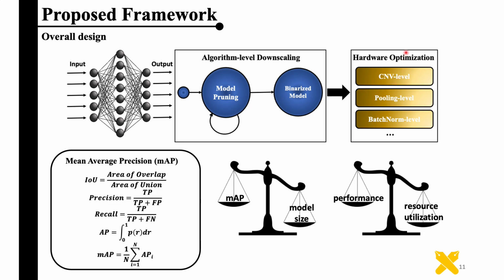Finally, the hardware optimization is to adapt the trained model onto the specified board with different techniques. During the second stage, we struggled with the mean average precision and model size, while the later stage is the rivalry between the performance and the resource utilization. The following introduction is around the latter two parts.